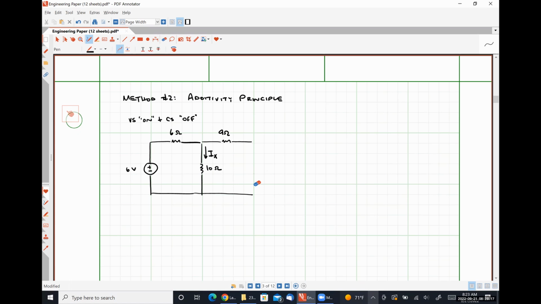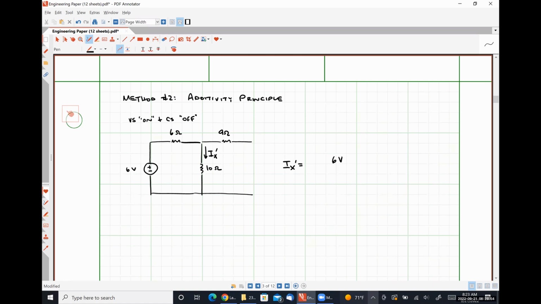Now we are going to analyze this circuit for what I'm going to call IX prime, where this prime just designates that this is the first time we're looking at this circuit. Okay. So how do I solve for IX prime here? Sure. Yeah, Ohm's law is a perfectly acceptable thing to do here.